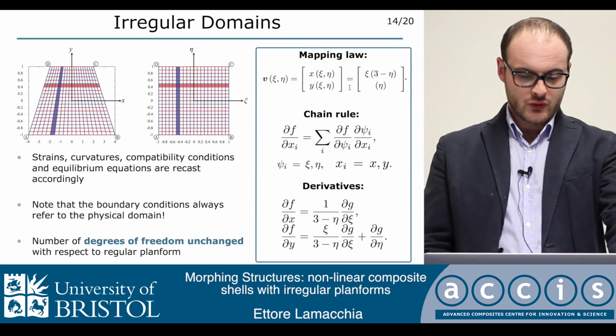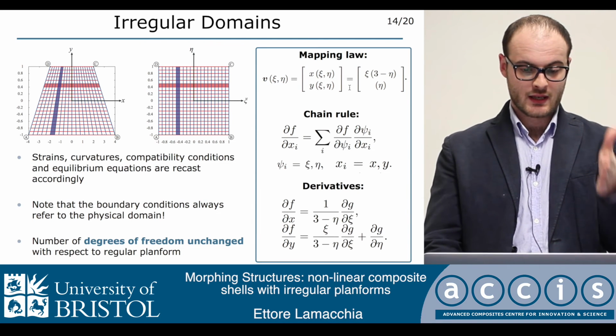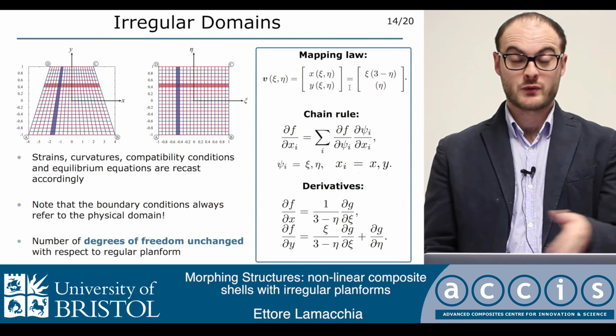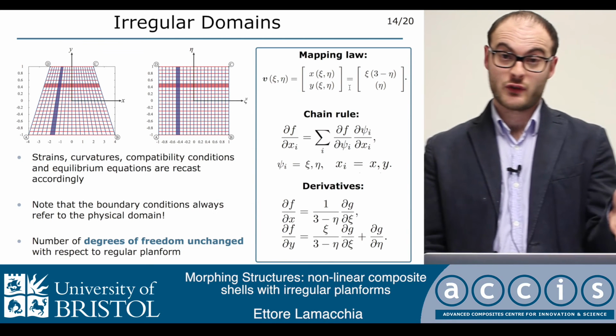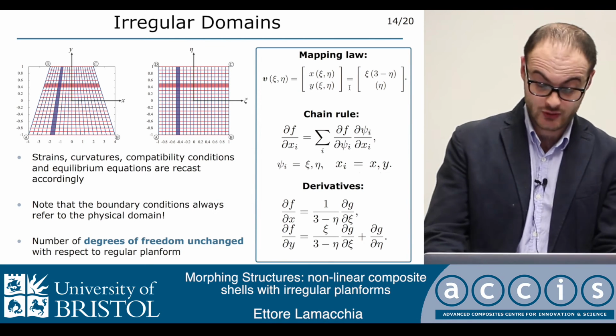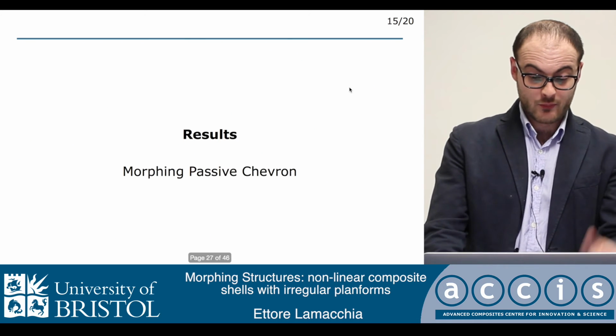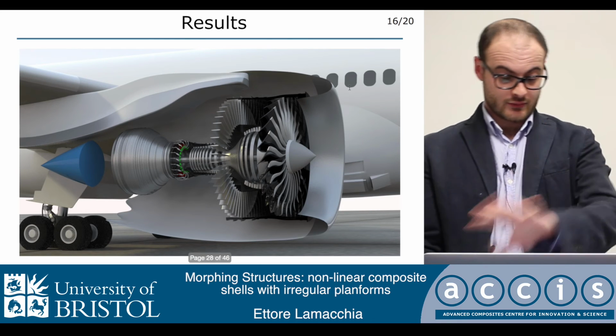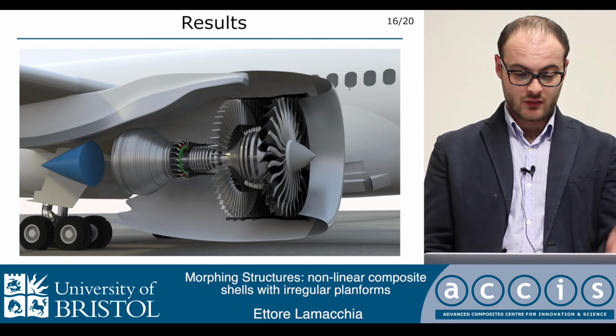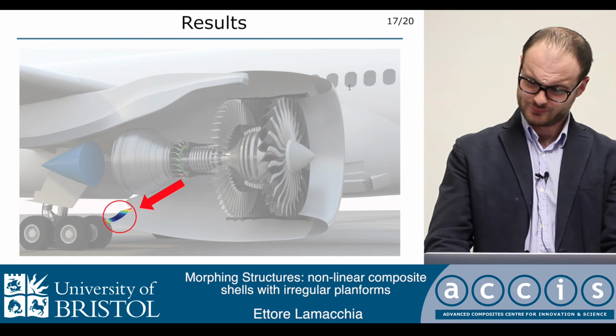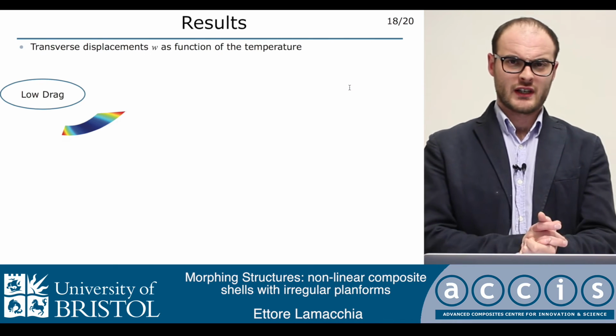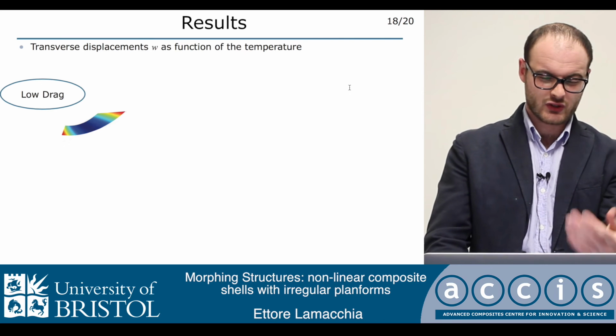The advantage of using this technique is that we can deal with irregular planforms without increasing the degrees of freedom of our model. So, some results: we got our jet engines with the chevron in its position, and we start from the low drag configuration, which is a cylindrical shell.